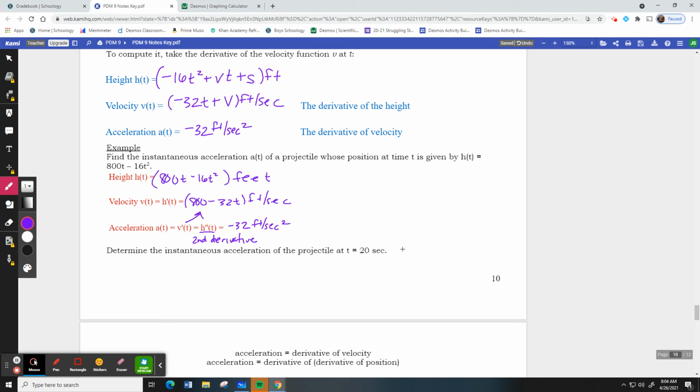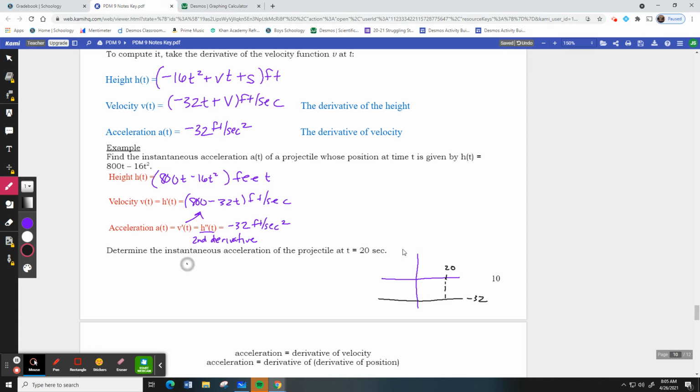So then it says determine the instantaneous acceleration of the projectile at t equals 20. Well, the acceleration is always negative 32. If you think about the graph of this, if I were to graph the acceleration, which is negative 32, so here's negative 32, and then at time 20, so let's say here's 20, the acceleration is always negative 32.